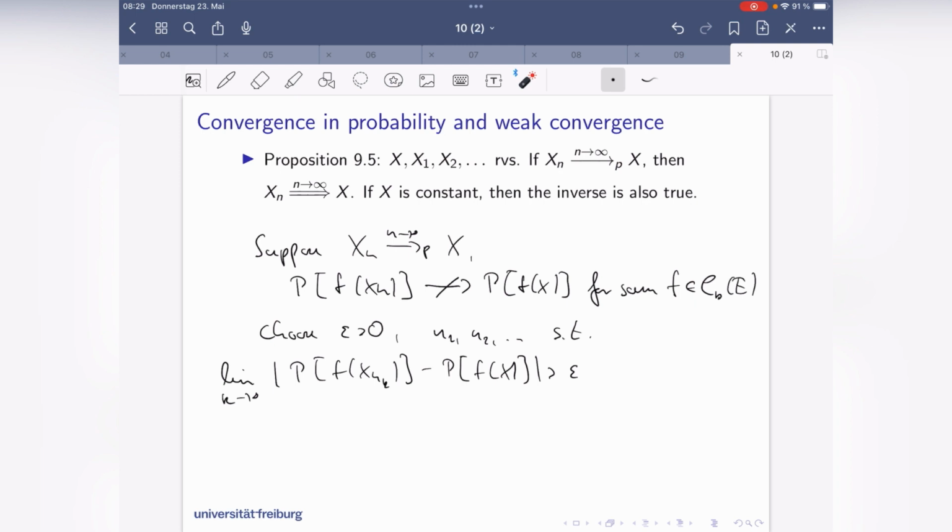Because there's no convergence here, I can take a subsequence where it is above some epsilon bigger than 0.